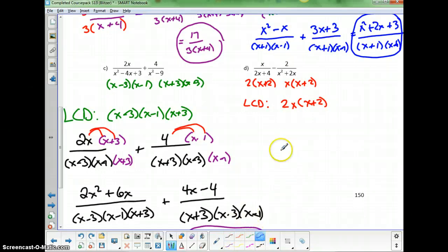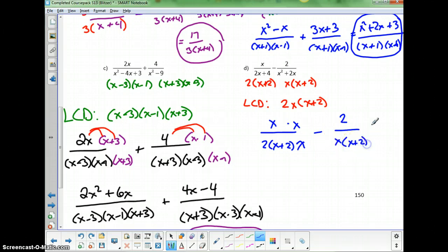Alright, so the first one was x over 2x plus 2. To get the common denominator, I need to multiply by x on top and bottom. Minus 2 over x times x plus 2. And to get the common denominator, I need to multiply by 2 on top and bottom.